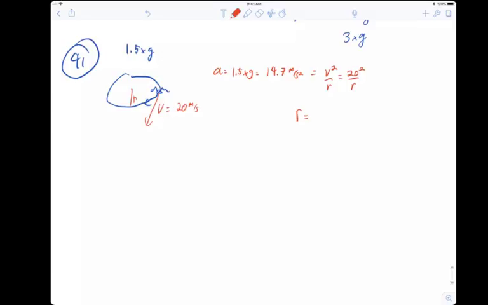Divided by 20 times 20. 0.036 meters. So the bird can do a 3 centimeter turn? That's bonkers.